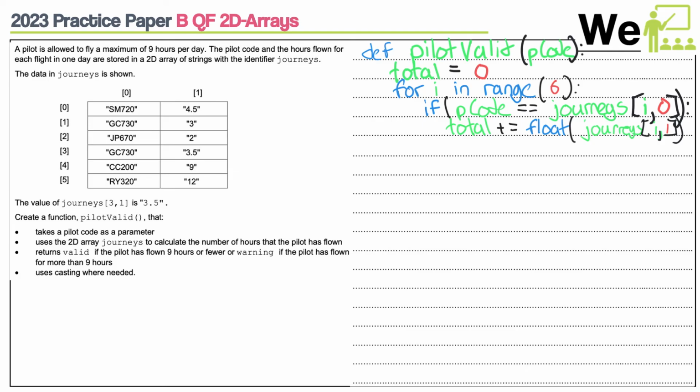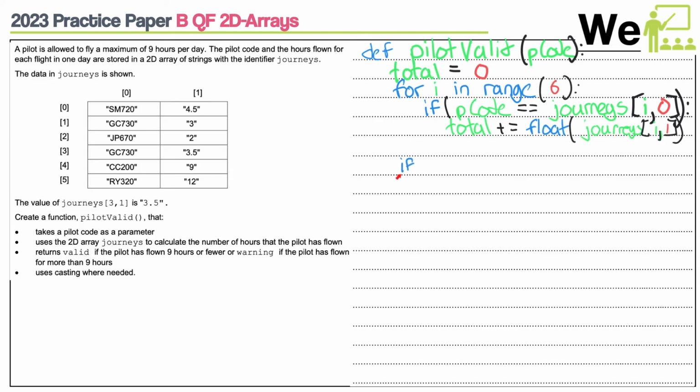Great. Once we get to this point, we've now got a total that's going to say the number of times it matches. Okay, and we need to now return valid if the pilot has flown 9 hours or fewer, or warning if the pilot has flown more than 9 hours. So after this for loop, we need to check using an if statement.